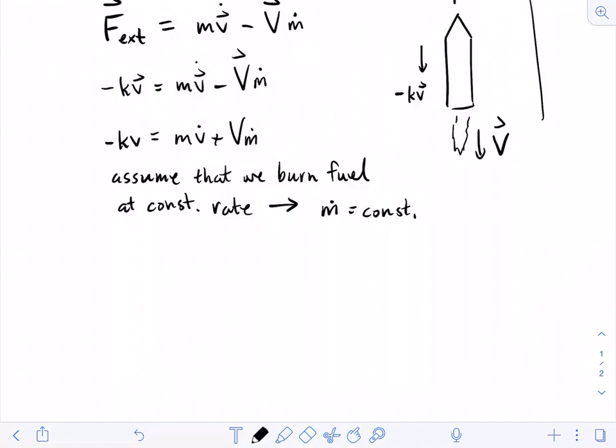The first thing that we'll do is we'll just divide by minus k. And so we get minus m over k v dot minus big V over k m dot.